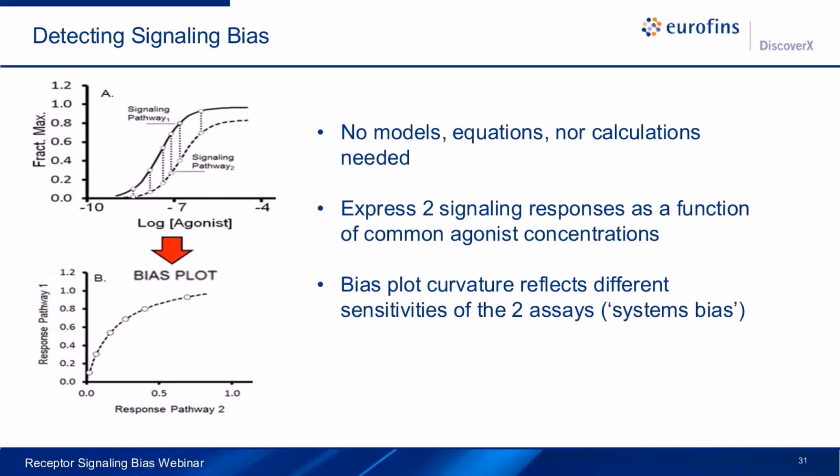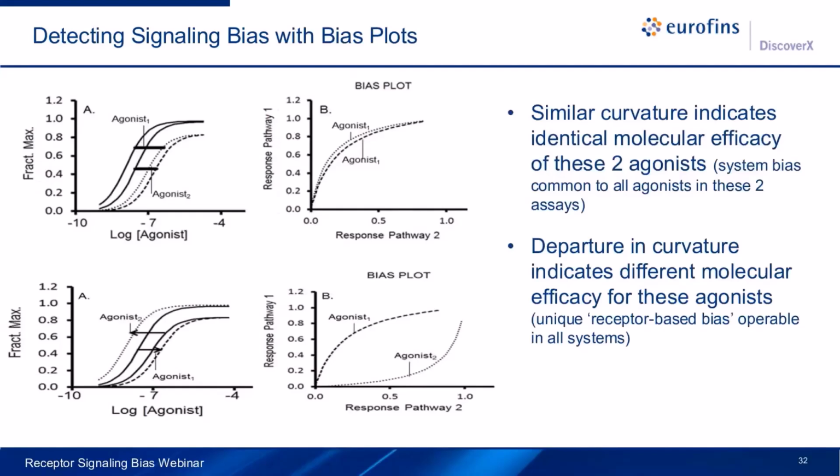That is system bias. So let's say we had two agonists and we do this and we get those bias plots. All this means is those compounds are producing the same active state, and that difference is system bias. What you're looking for is the compound that jumps out at you.